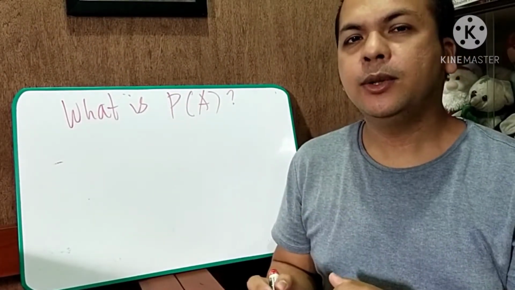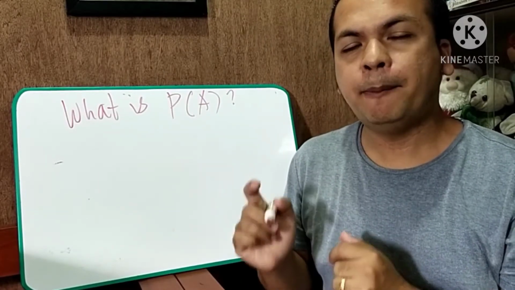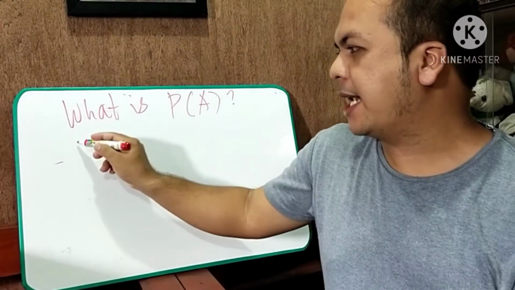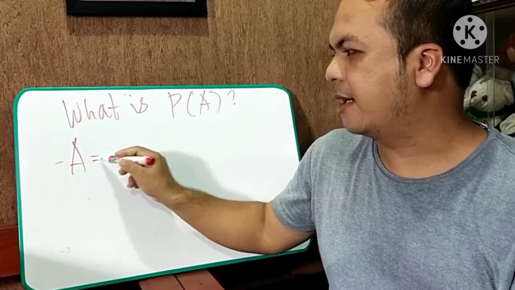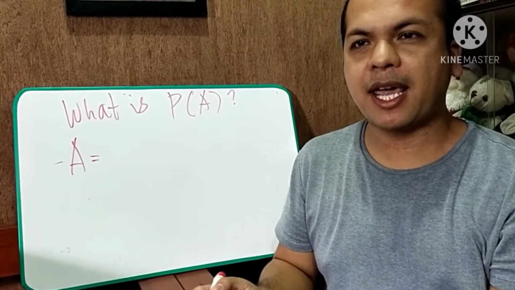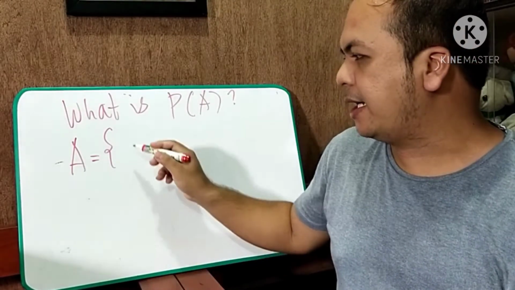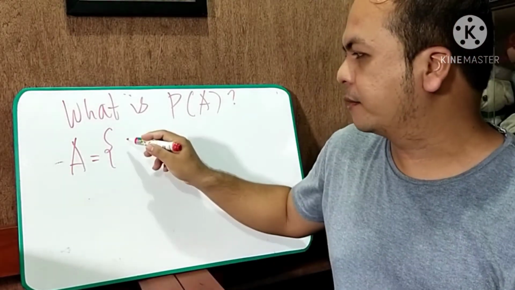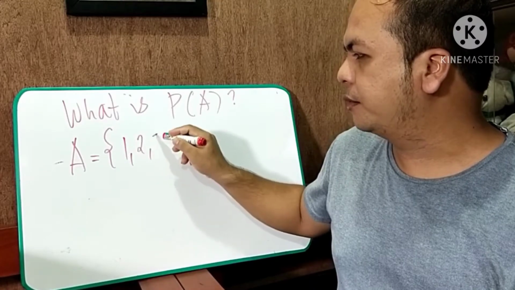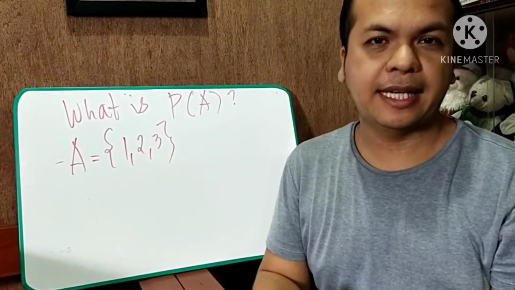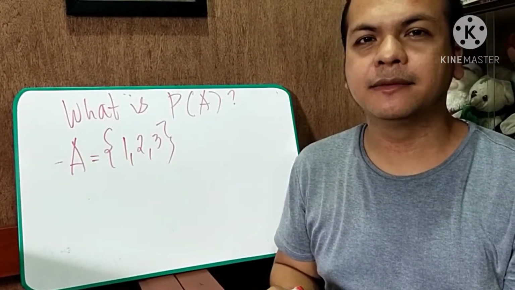Now, to illustrate the power set of A, let's have A, any set denoted by A, equal to the set containing the elements 1, 2, and 3. So it's a finite set.